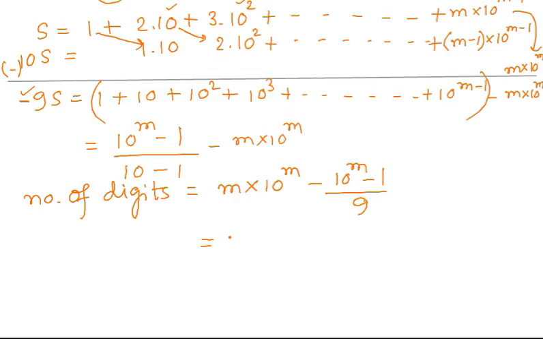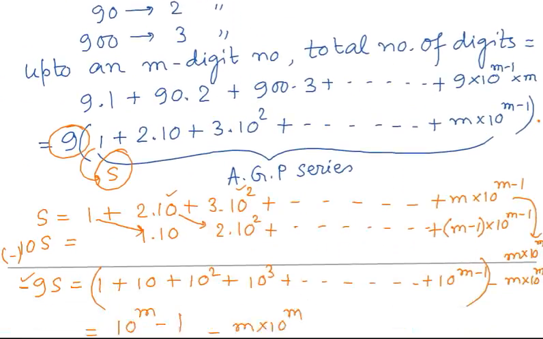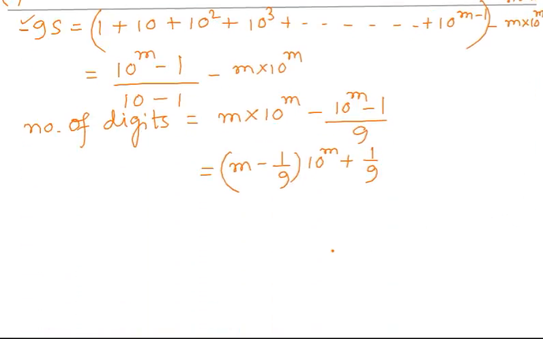So it's going to be m minus 1 by 9 into 10 to the power m plus 1 by 9. So this is the total number of digits starting from the very first digit up to the last m digit number.